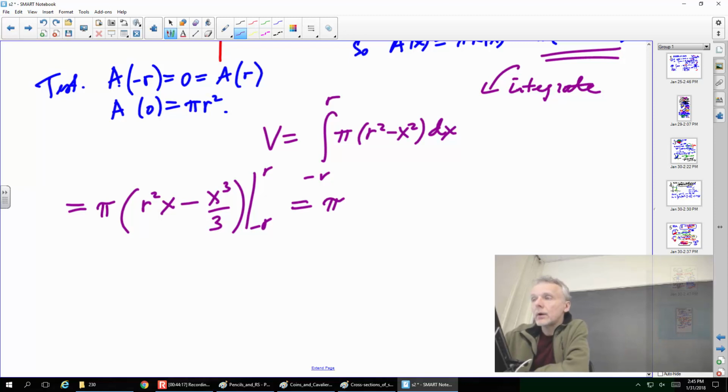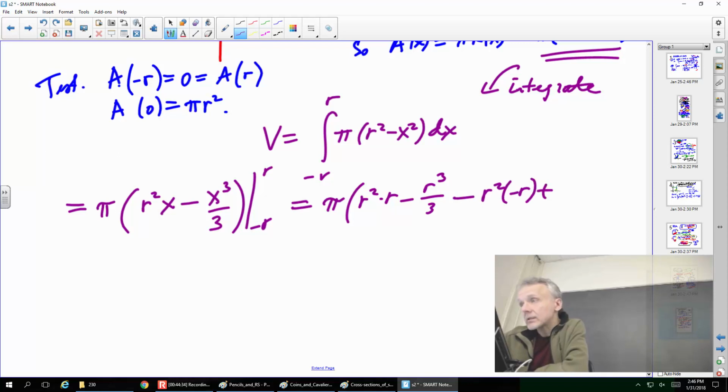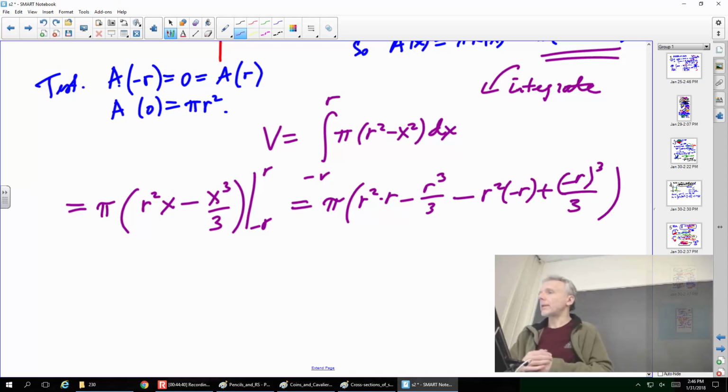Pi. Now I substitute r. What do I get? R squared times r minus r cubed over 3. Now I substitute negative r, so I'm going to have r squared times negative r plus negative r cubed over 3. Yeah, I think I got it right.